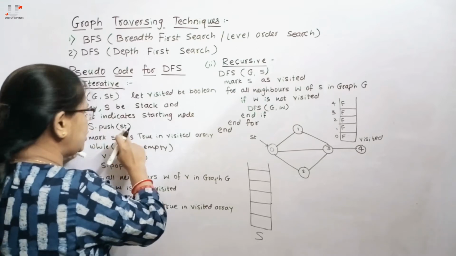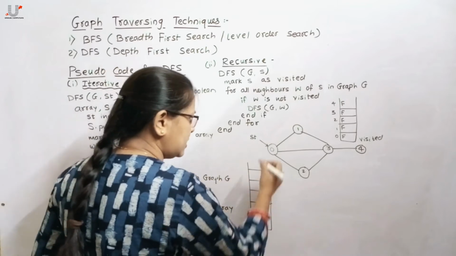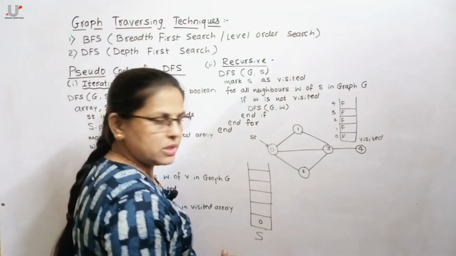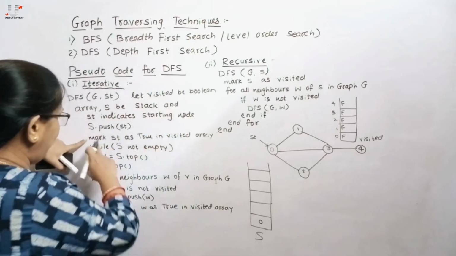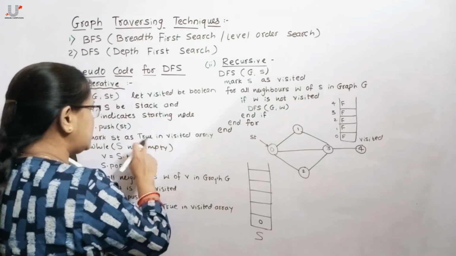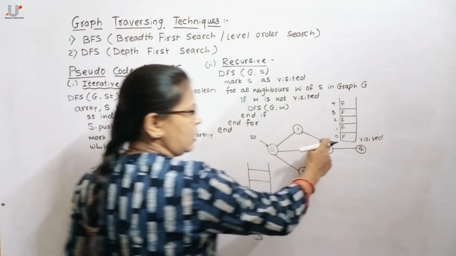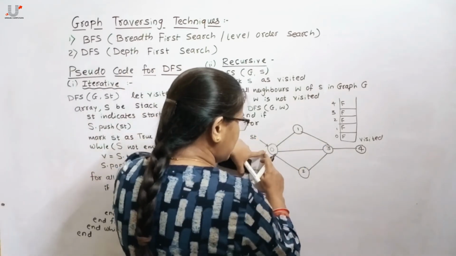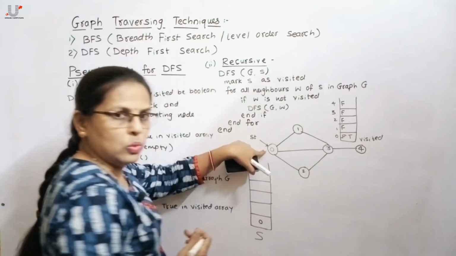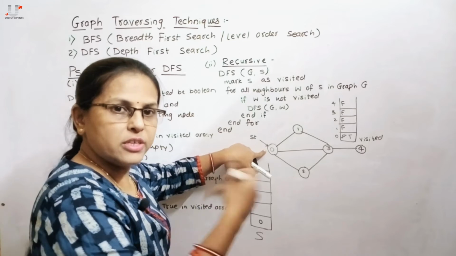So S dot push ST, the starting node is here 0, so that 0 gets pushed into the stack, and then mark ST, that is 0, as true in the visited array. The status changes from false to true.